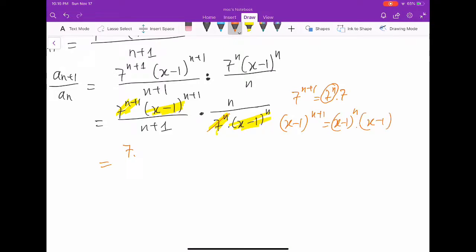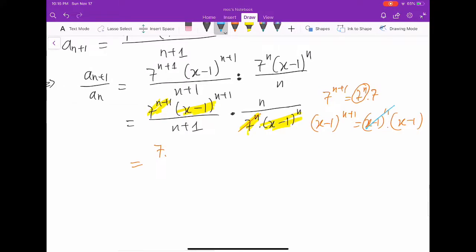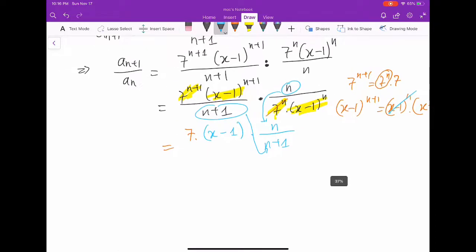Then I simplify x minus 1 to the n, right? So on the top, I have x minus 1, and then n over n plus 1, because n is right here, and n plus 1 comes down here. From here, I will take the absolute value and consider the limit of the absolute value of a_(n+1) over a_n.